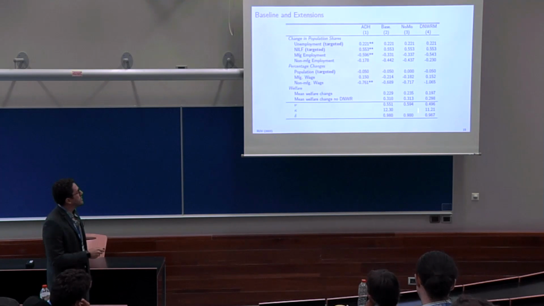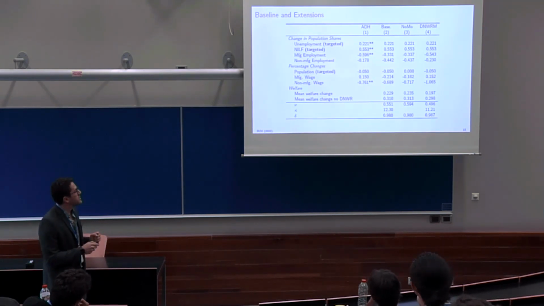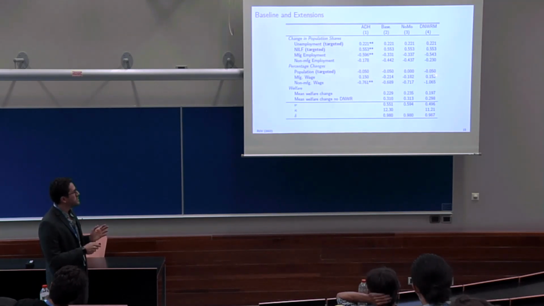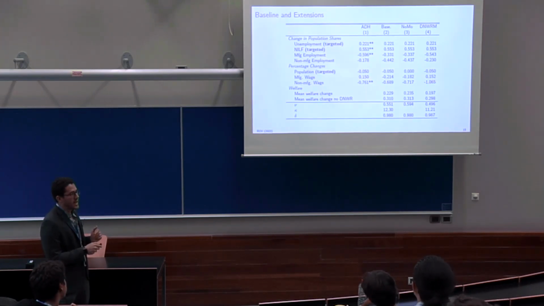And then this is the column where we put the downward nominal wage rigidity only in manufacturing. This is interesting because this model matches the non-targeted moments a lot better. Now there's a big change in manufacturing employment, a smaller change in non-manufacturing employment, similar to ADH, and the change in manufacturing wages becomes positive, but it's not significant, and is very close to the one in ADH, and a higher change in non-manufacturing employment.